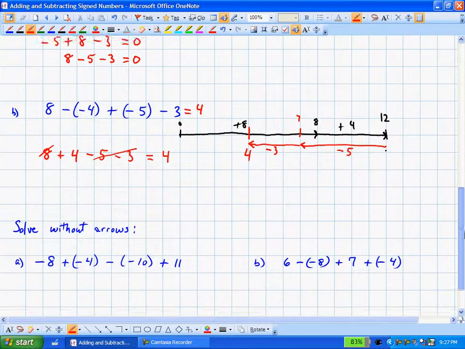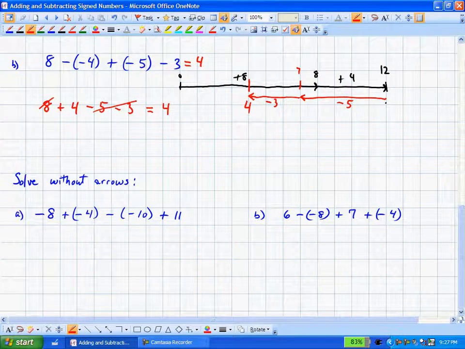I'm going to finish out with a couple problems where we're not going to draw the arrows. We're just going to do some work with the signs. So in this case, we're going to start off with this expression. We're just going to write everything with as few signs as possible. We started with negative 8. Adding a negative is subtracting. The opposite of a negative is adding, and adding 11.